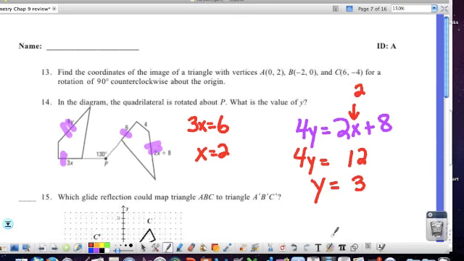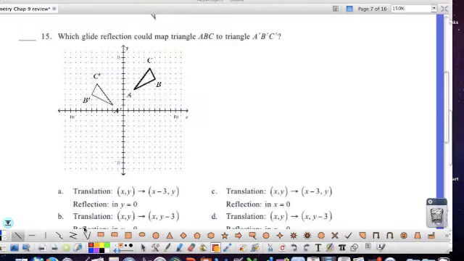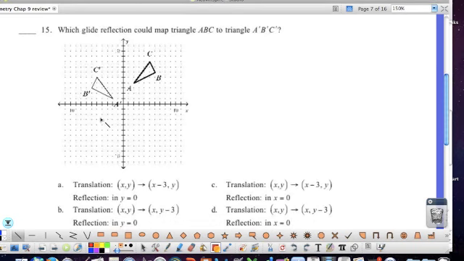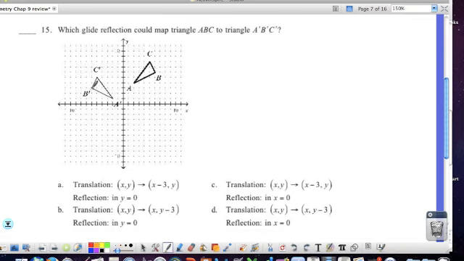Does that make sense? Okay, so for number 15, which glide reflection could map triangle ABC onto A prime, B prime, C prime? So it's a glide reflection, meaning we're going to translate and then reflect.